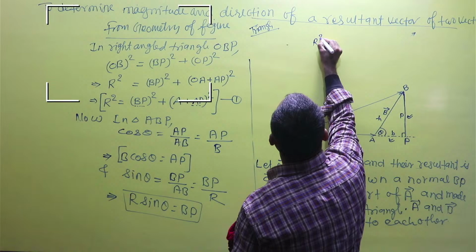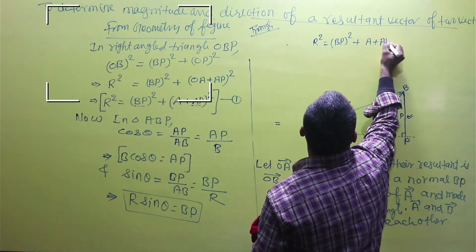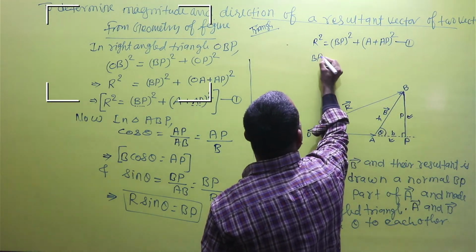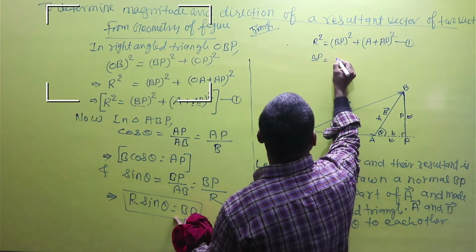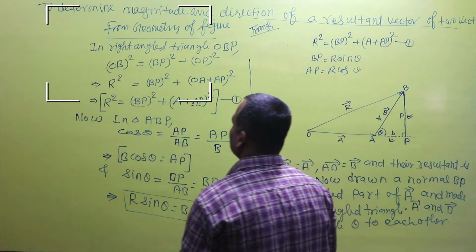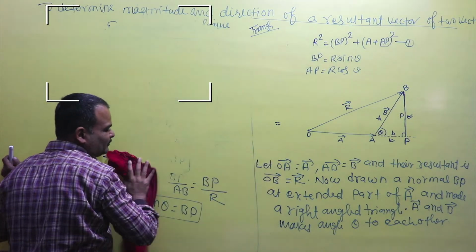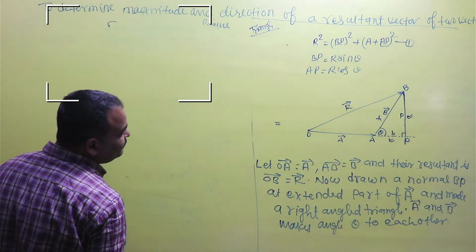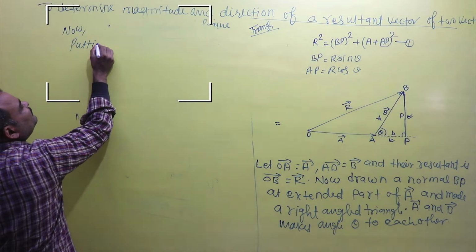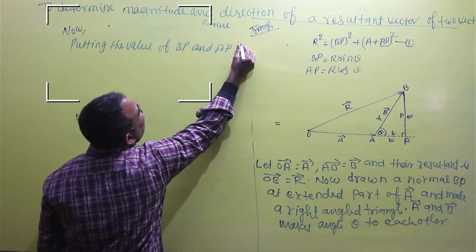So the equation first we got was R square is equal to BP whole square plus A plus AP whole square. This is the first. And also we have BP is equal to B sin theta and AP is equal to B cos theta. Here we can write that now putting the value of BP and AP in first.